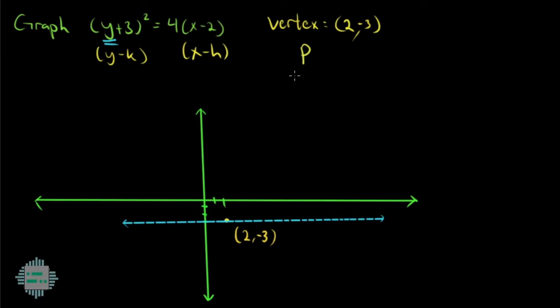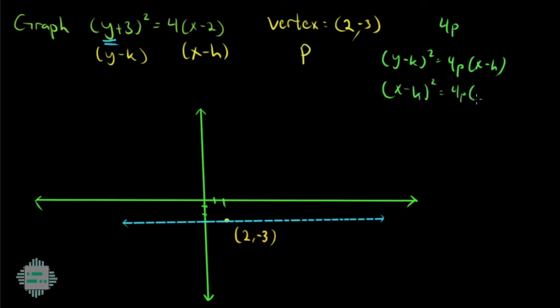Magamit ko yung knowledge ko about the length of the latus rectum, which is 4P. Tandaan na si 4P, kita mo, katabi siya nung equation, nung term, variable na hindi naka-raise sa 2. So, kung this is the equation, standard form of the equation of parabola, pwede siyang maging y less k squared equals 4p x less h, or x less h squared equals 4p multiplied by y less k.